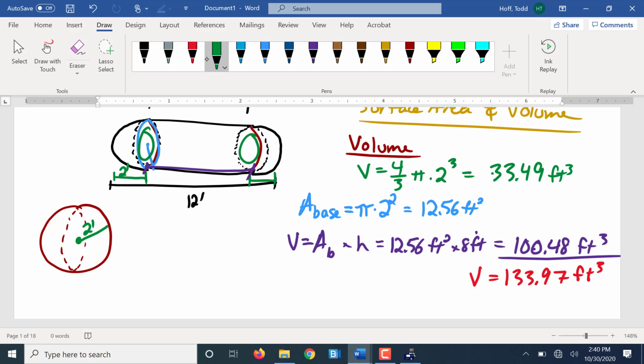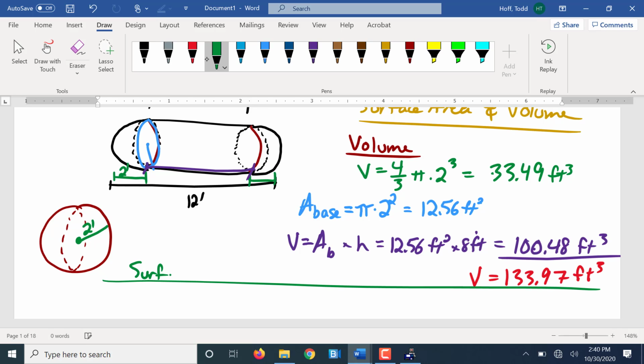Well, here both bases are covered by the half sphere, so there are no bases in the surface area for the cylinder. I don't know if you remember, but we talked about area of the base and we talked about lateral area. The lateral area is the area connecting the 2 bases. So for that cylinder, for surface area, all we have is the lateral area.